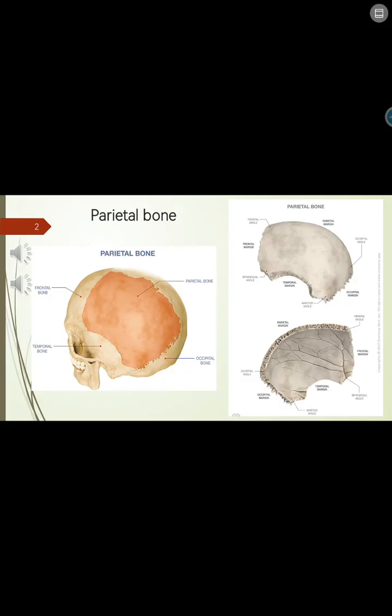The internal surface of the parietal bone is concave, and we can see the impressions of the cerebral gyri and also grooves of the middle meningeal vessels.